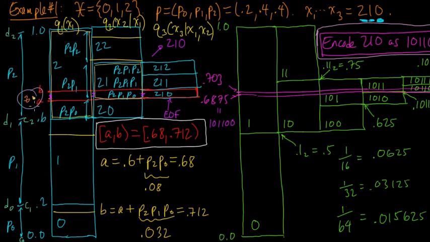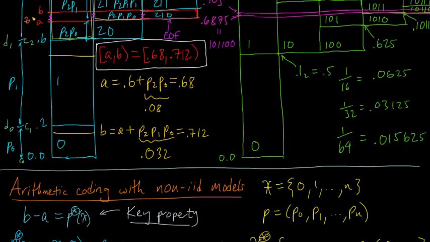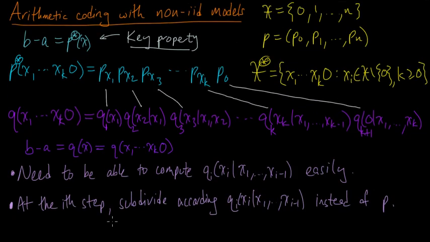You choose the chunk that contains z, and you keep going until you hit your end of file symbol. So decoding works just the same way. All you have to do is modify the original algorithm to subdivide according to these conditional probabilities instead of according to p.